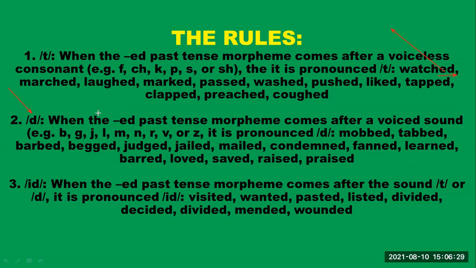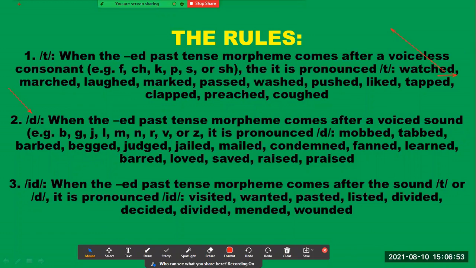You place your two fingers there, and you discover that when you pronounce a word like fan, F-A-N, fan, start with the initial sound of F, and then stretch it, then place your two fingers on your throat as you pronounce the sound of F. You will notice that there is no marked vibration.